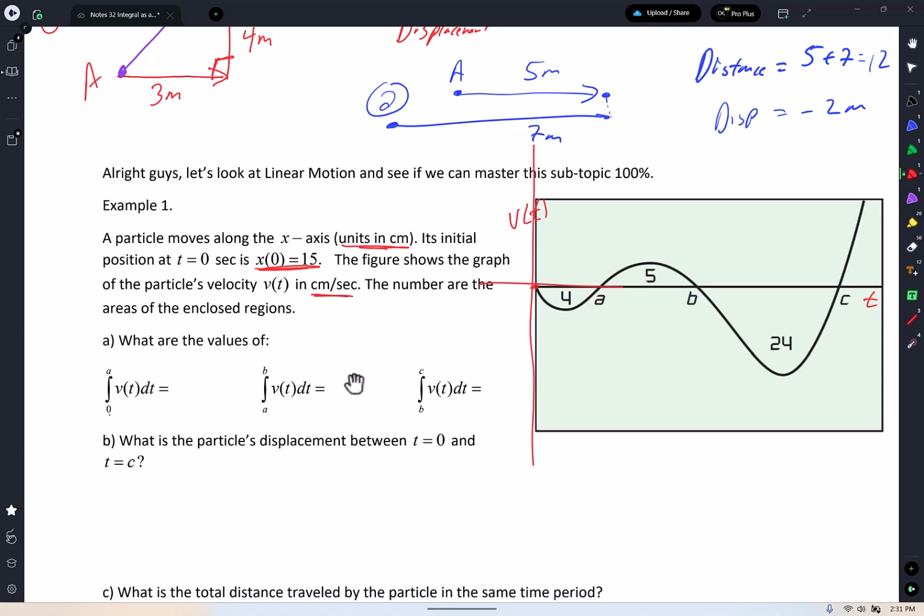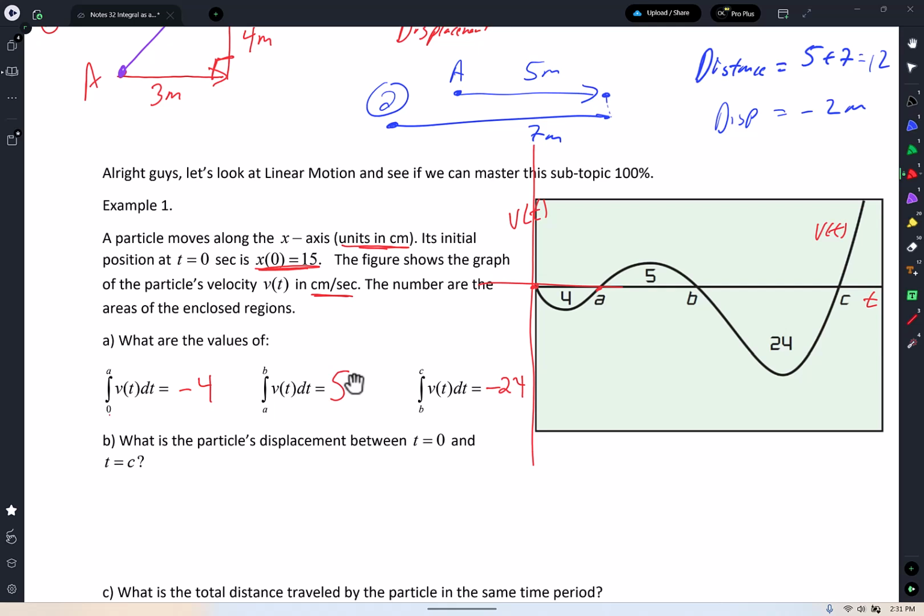This is from 0 to a, v of t. This is my velocity, this curve. So from 0 to a, I see a 4. That's the area, but it's below the x-axis. So this integral is -4. From a to b, this integral is 5. And from b to c, this integral is... Okay. Perfect. Nothing crazy, right?